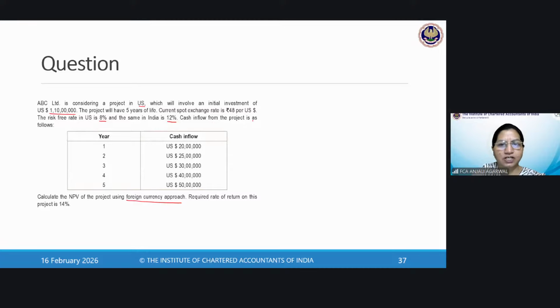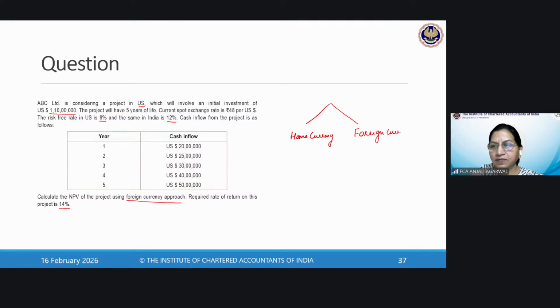The cash inflow from the project is as per the foreign currency. Calculate the NPV of the project using the foreign currency approach. Required rate of return is 14%. So we have two approaches. One is the home currency approach, and the second is the foreign currency approach.